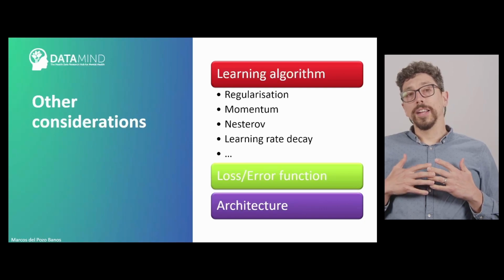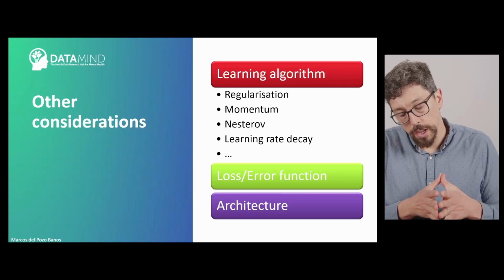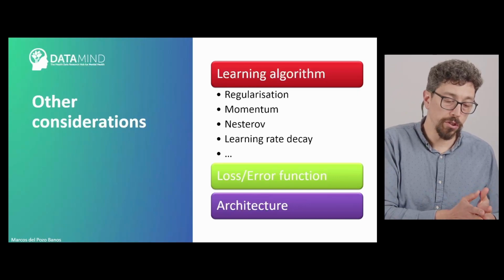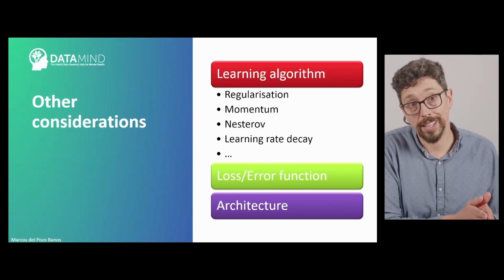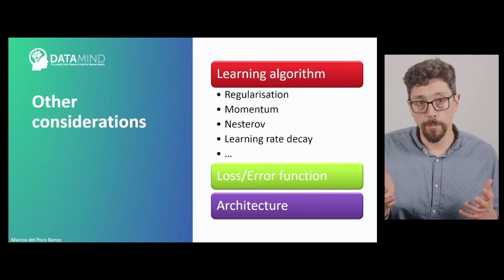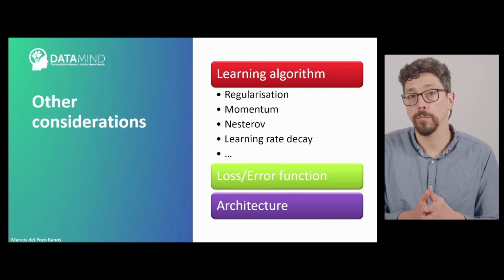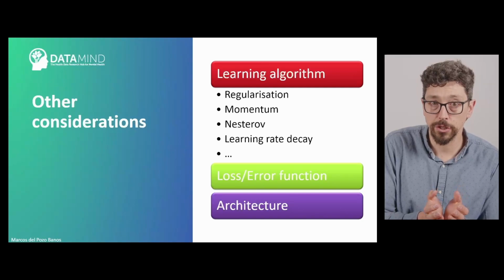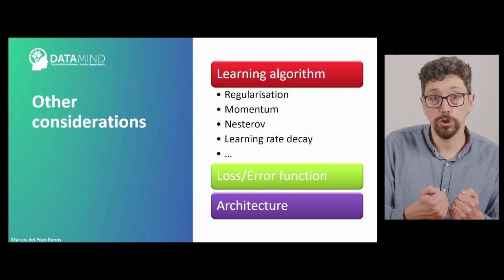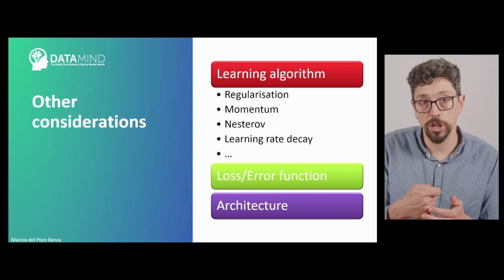Now, in artificial neural networks, there are many other things to consider, okay? So first, the learning algorithm that we are going to use. I just mentioned now the gradient descent, but that can be modified. There are many things that we can do to improve the gradient descent algorithm. We can add regularization to avoid overfitting. We can use momentum to try to speed the learning.